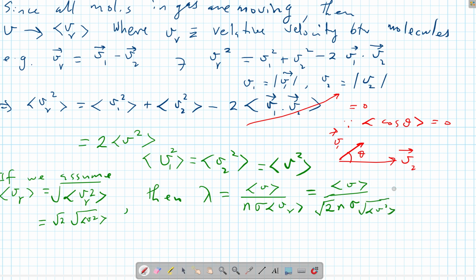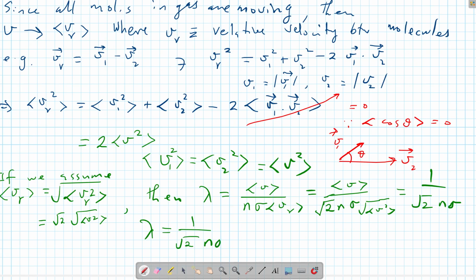Assuming these two can cancel, then this is equal to 1 over square root of 2 n sigma. So the mean free path of a gas is 1 divided by square root of 2 n sigma.